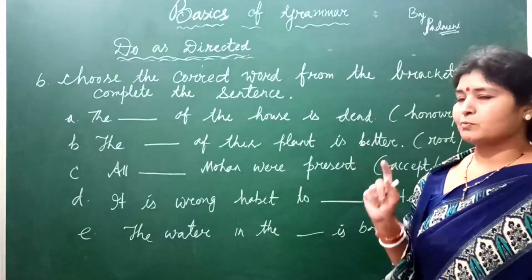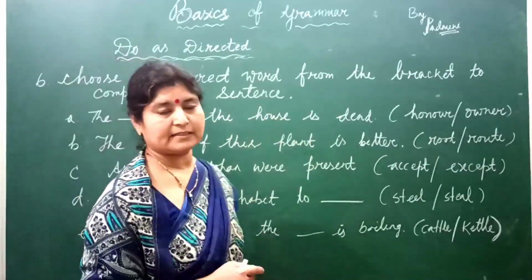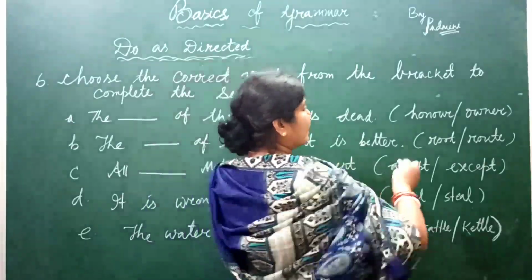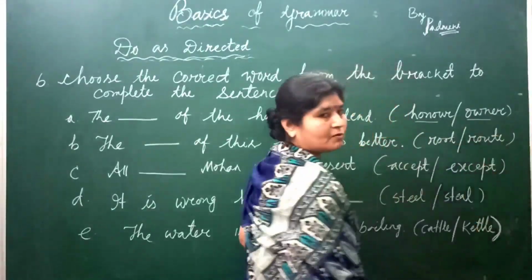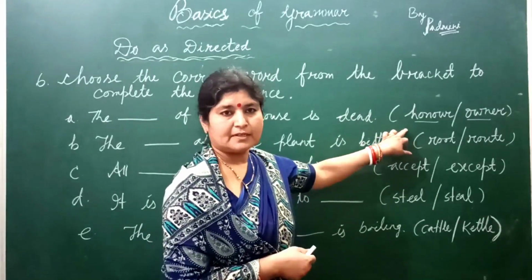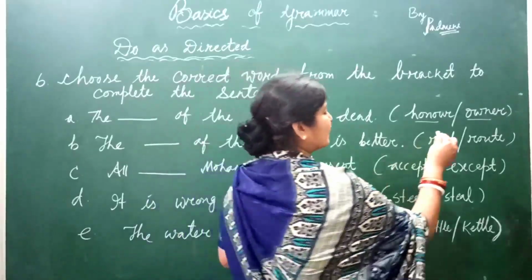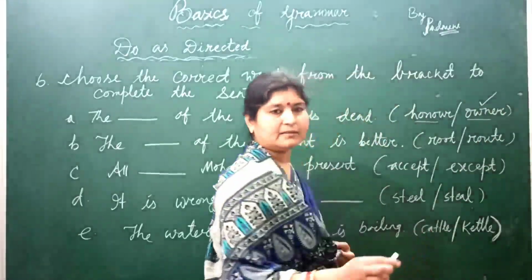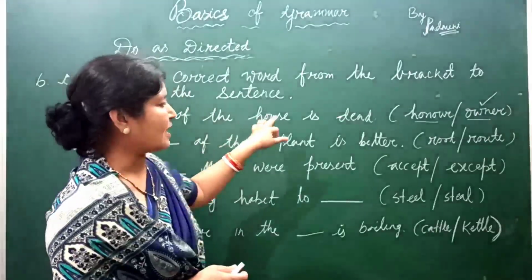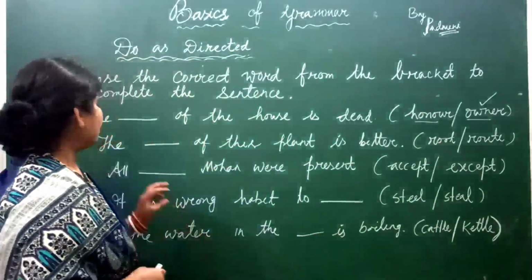Okay. So first one. The blank of the house is dead. Owner and owner. Both sound the same, but their spelling is different. So which is appropriate here? The owner, O-W-N-E-R. The owner of the house is dead. Okay. So number 2.